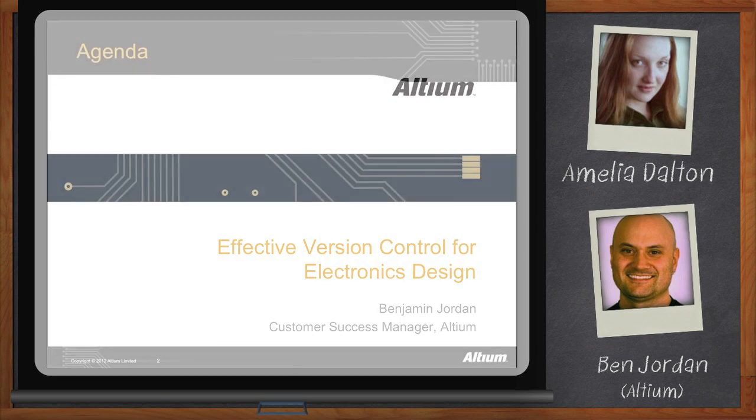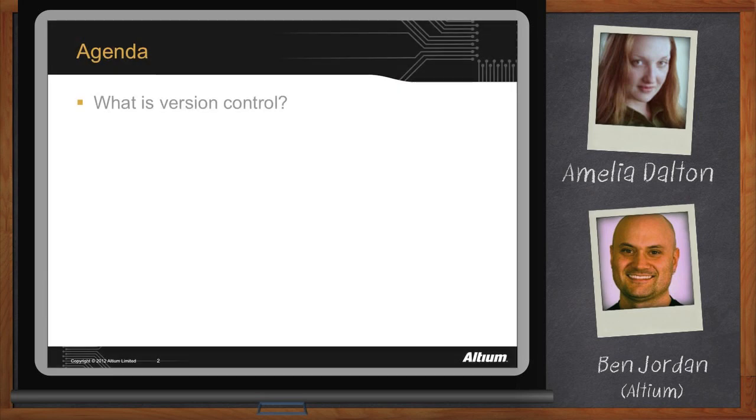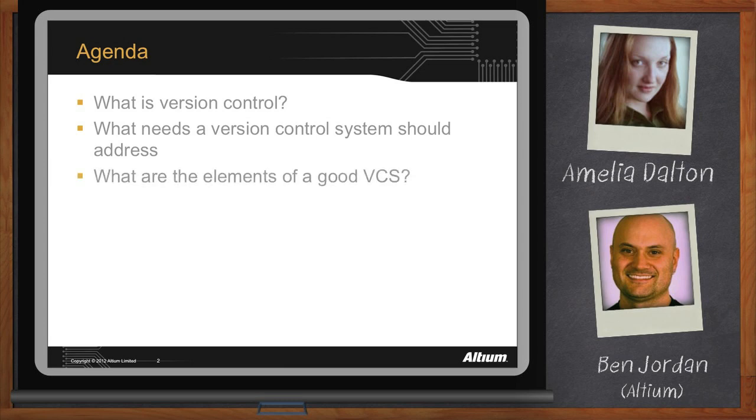Okay. I want to start by answering the question, what is version control? And also what needs a version control system should address, what problems it should attempt to solve if it's going to be implemented. Great, okay. And also I want to look at what the elements of a good version control system are. Really, what are the things that you need to say you have implemented a good VCS?